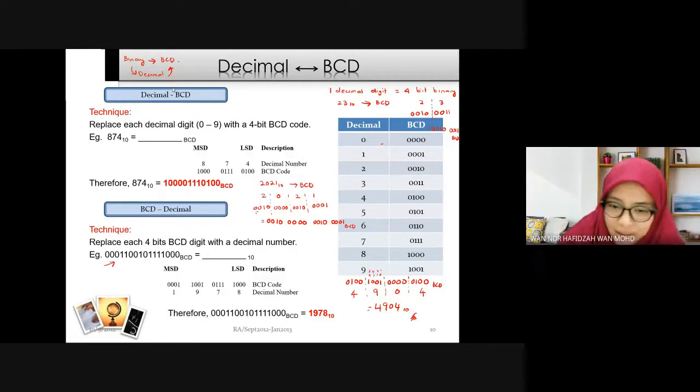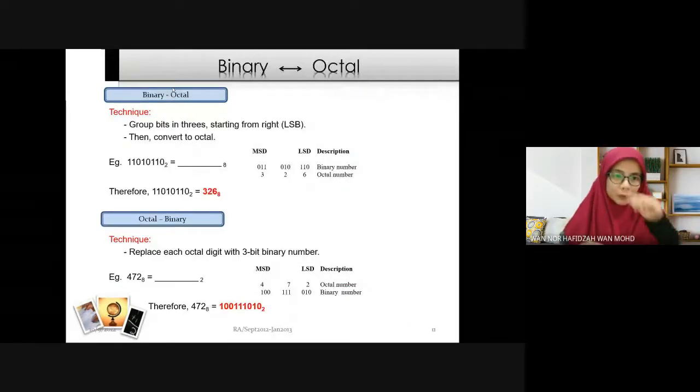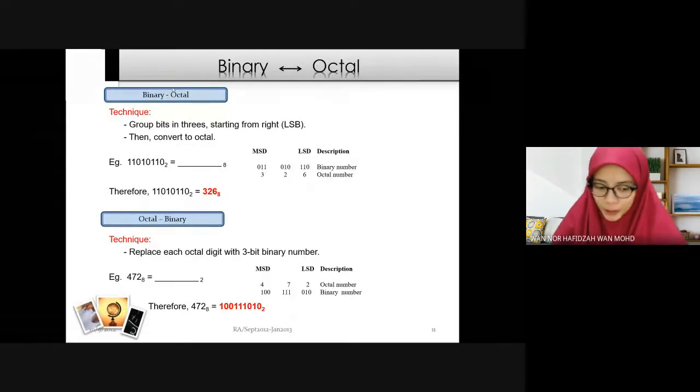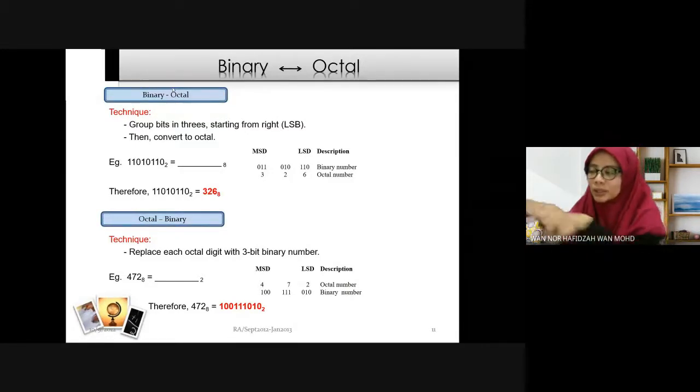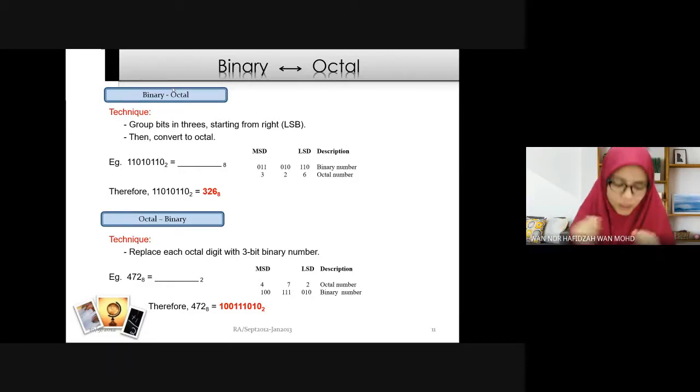I think it is easy to understand. Now we know how to convert, basically the basic is from decimal into other numbering systems, and from other numbering systems into decimal. That's the basic. But we have the shortcut. For example, if you want to convert from binary into octal or octal into binary, the first method is to convert from binary into decimal and from decimal into octal, or from octal into decimal, decimal into binary.